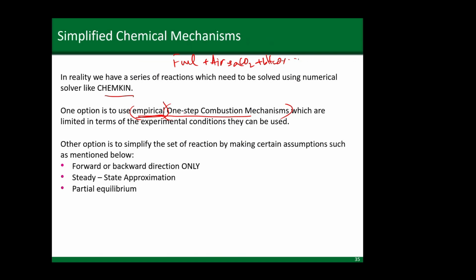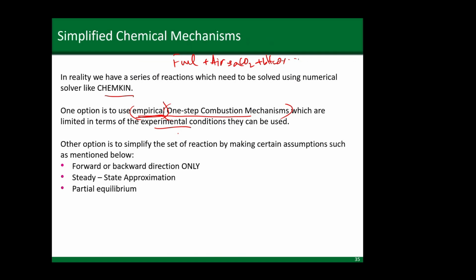But why do we care about it? Well, when you're trying to solve fluid flow plus energy equation plus combustion, which is a reaction, then a lot of the time it is very convenient to have fewer reactions, because the more reactions you have, the more equations you are solving, and that simply complicates the whole numerical solution.